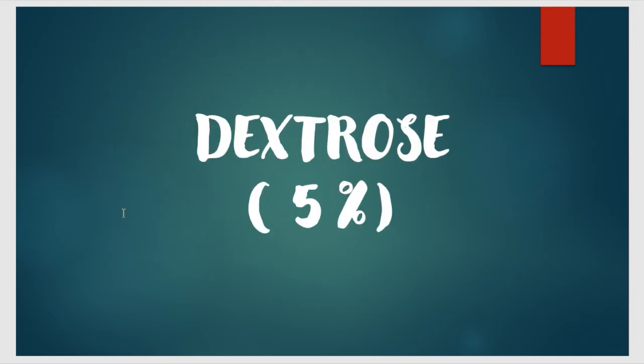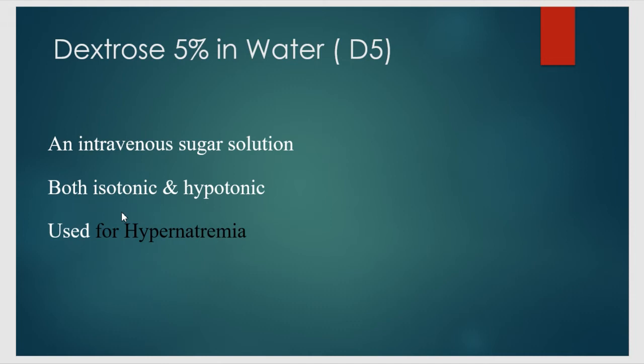Next example of crystalloid that is available to us, frequently used after normal saline and Ringer's lactate, is 5% dextrose. Very few important points regarding 5% dextrose. This 5% dextrose in water, also known as D5, is an intravenous sugar solution, and D5 is both isotonic as well as hypotonic, and the most common use is in hypernatremia management.